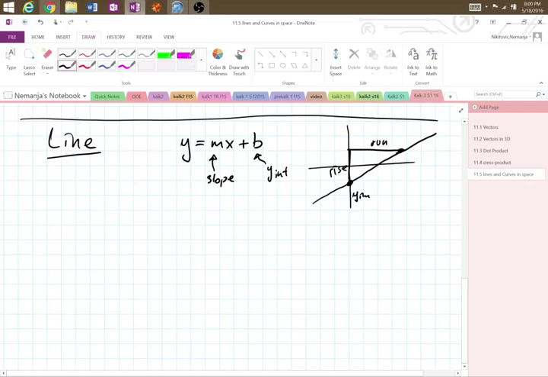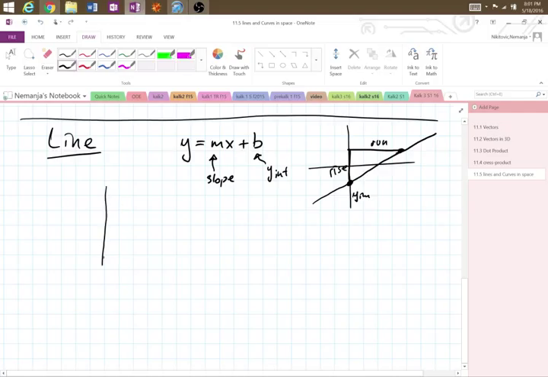It should have a 3D slope, and it should have a point that is fixed in space, and that should be enough. Because if you have one point that is fixed in space, and then there is something that tells you direction away from that point, then the line is a unique line in that spot. So let's see how we can construct that in space.